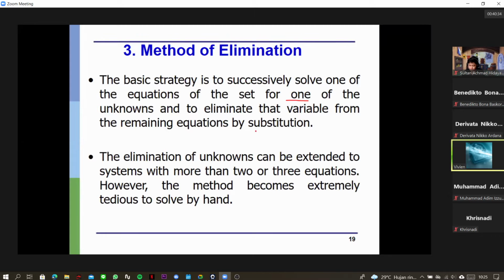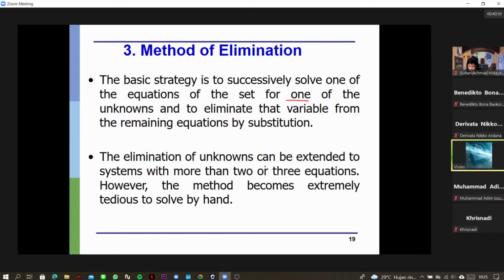The advantage of this method is that it can be extended to larger systems. For example, if we have more than 3, say 4 or 5, the possibility to solve this is higher. But it is also extremely tedious to solve by hand.